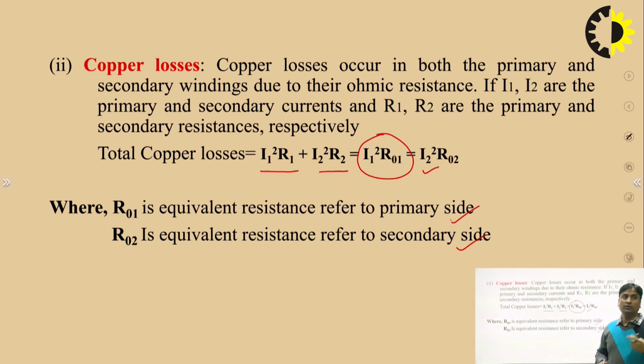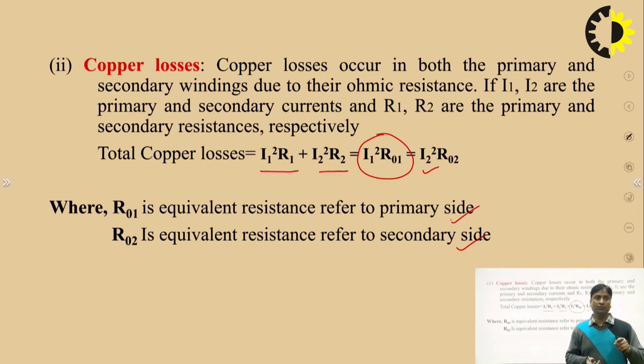Our core losses, or iron losses, are voltage dependent, because they depend upon the voltage, and since the voltage is constant, the iron losses remain constant. The copper losses are based on the current or the load, and the current in the load is variable.